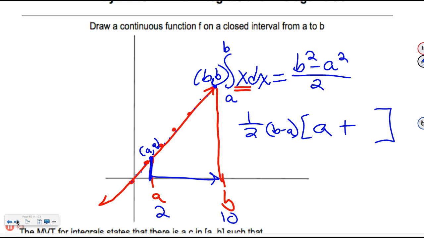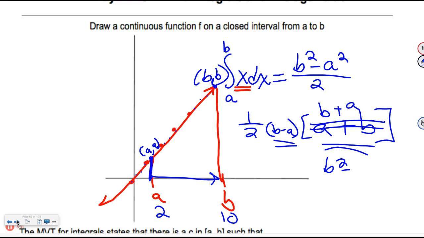Second base? b. Addition's commutative, so I'm going to call it b plus a for this proof. Because what will I do with these two binomials? Multiply them out, and on the top I get b squared minus a squared, correct? And on the bottom, what would I have? A 2. Thank you, guys. And that's how I would have done it, right?